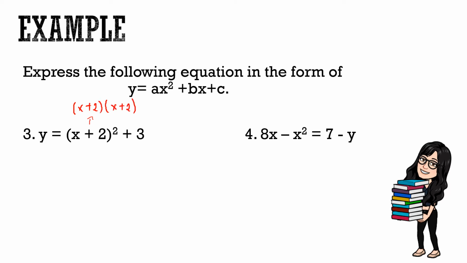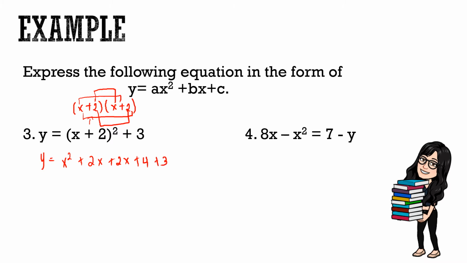You can use the FOIL method or the parabola method in solving this. Therefore, y equals x times x is x squared, x times 2 is positive 2x, 2 times x is positive 2x, and 2 times 2 is positive 4. Then just bring down positive 3.